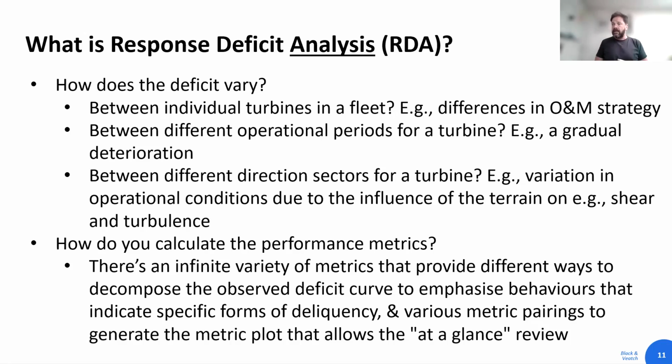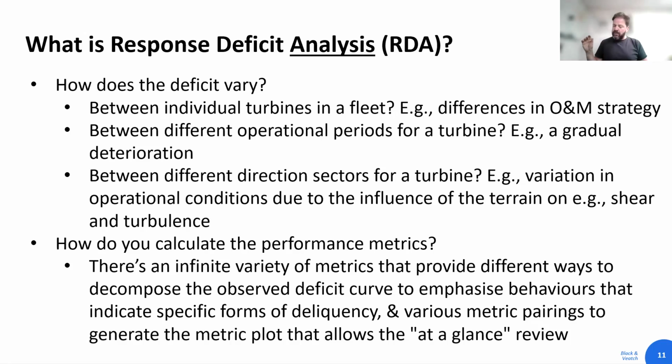How do you calculate them? The performance metrics, as I say, there's an infinite variety of metrics that you can calculate. I'll show you a couple of examples in a moment. But the reason to have a variety of metrics is because, as I've suggested, you can decompose the deficit curve in different ways using different metrics.